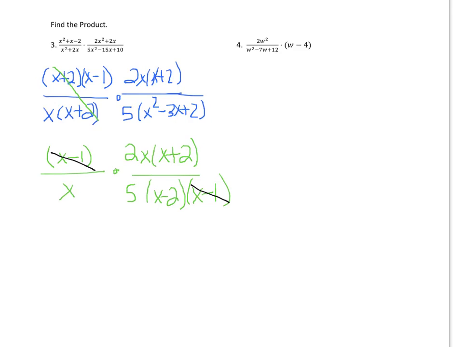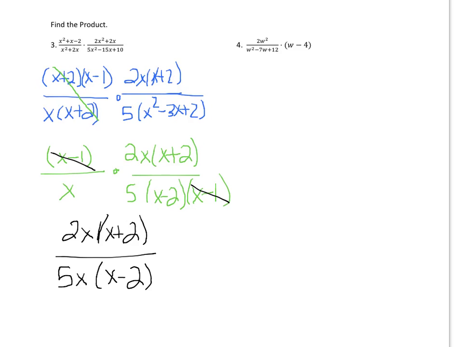So let's see. What am I left with? Well, the top I have 2x, x plus 2. The bottom, 5x, because I did 5 times the x. I still have the x minus 2. Well, something I see here, the x's.